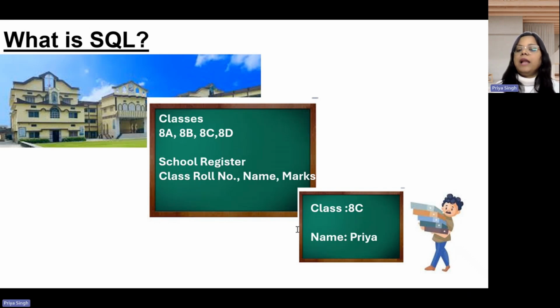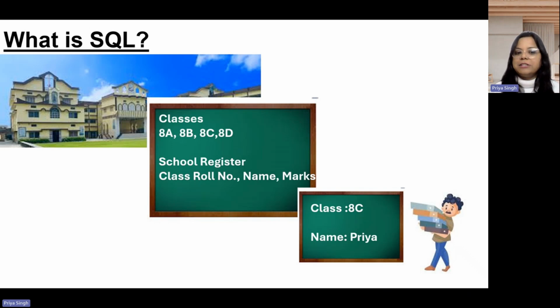The principal will ask the peon to retrieve the register for class 8, section C, where the register is maintained by the 8C class teacher. Once the peon goes to section 8C and brings the register, the principal can now check my name, my marks from the register.